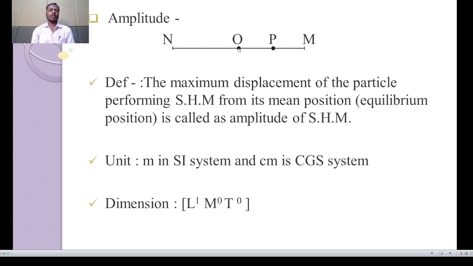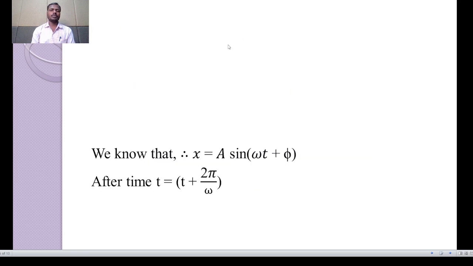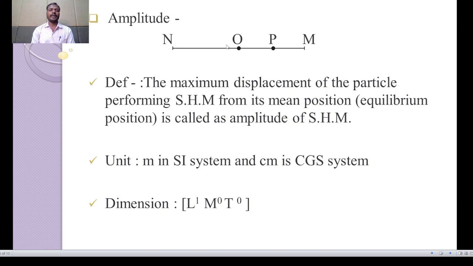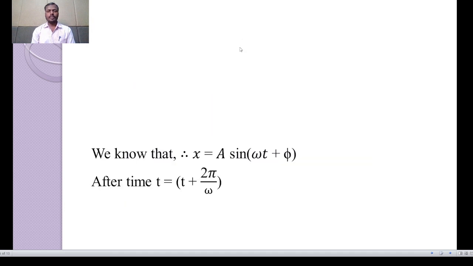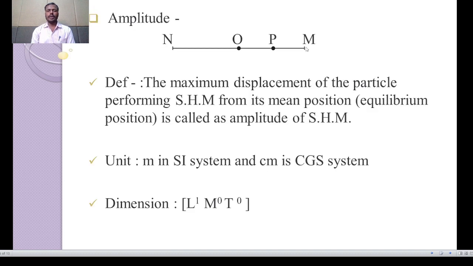Whenever the particle starts from point O, that is the mean position, goes toward the positive side, comes to the equilibrium position, then goes to the left-hand side and comes again to its equilibrium position, this is one oscillation. Or when the particle starts from the extreme position, it may be point N or point M, it comes toward the mean position, goes toward M, comes back to the mean position O, and then to N. This is also one oscillation.